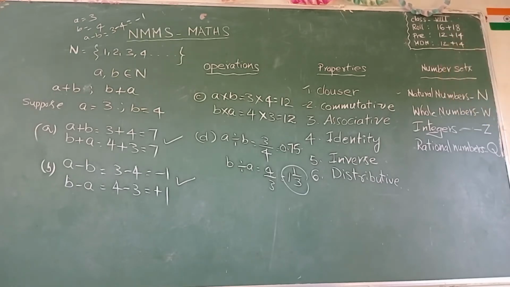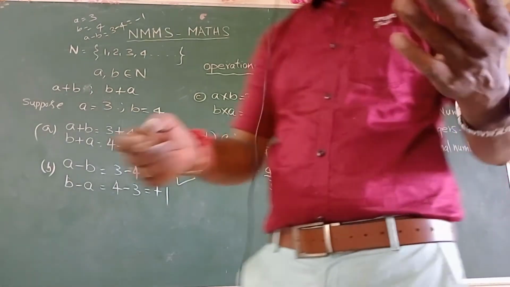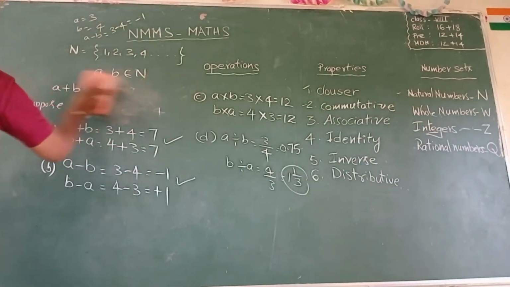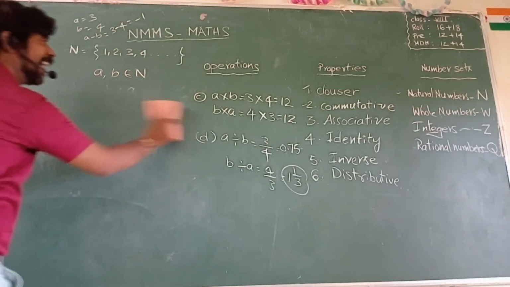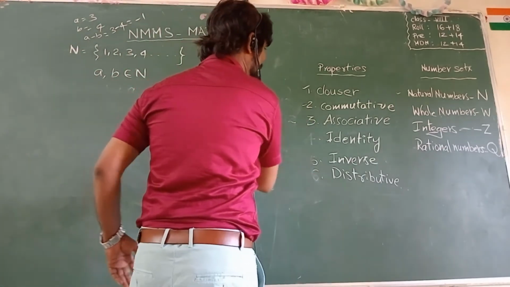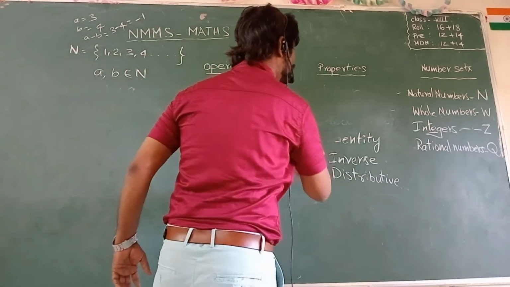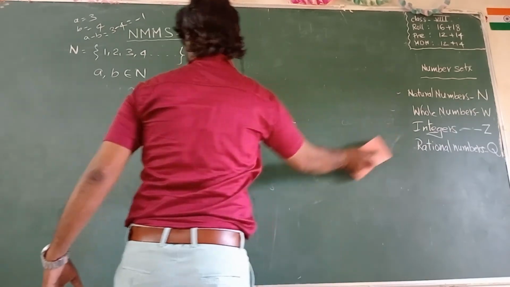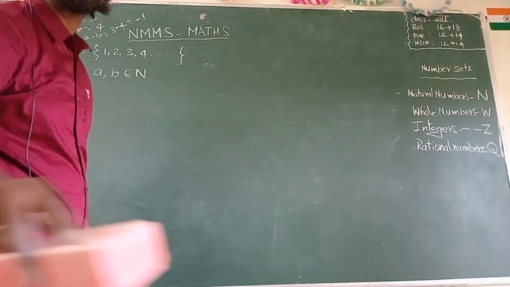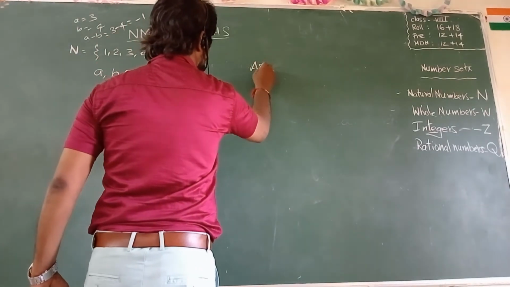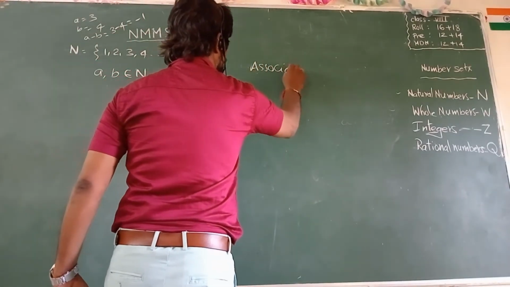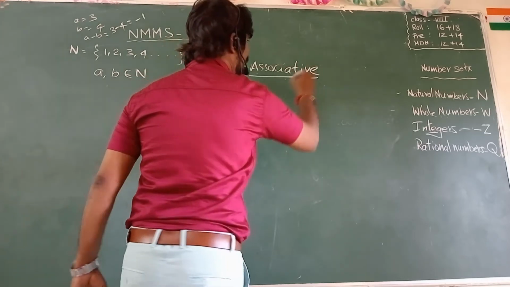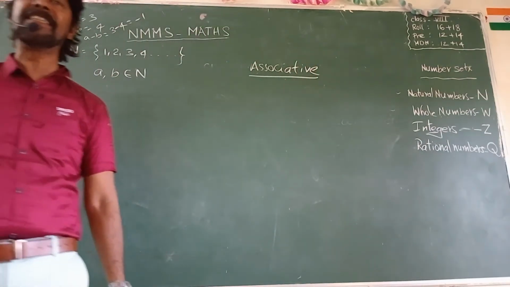Now we are going for associative. For the associative property, we have to take three numbers. How many numbers do we have to take? Three.